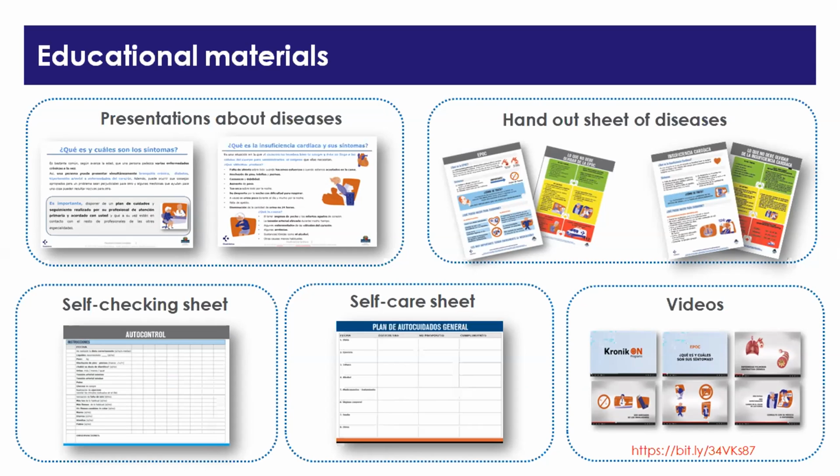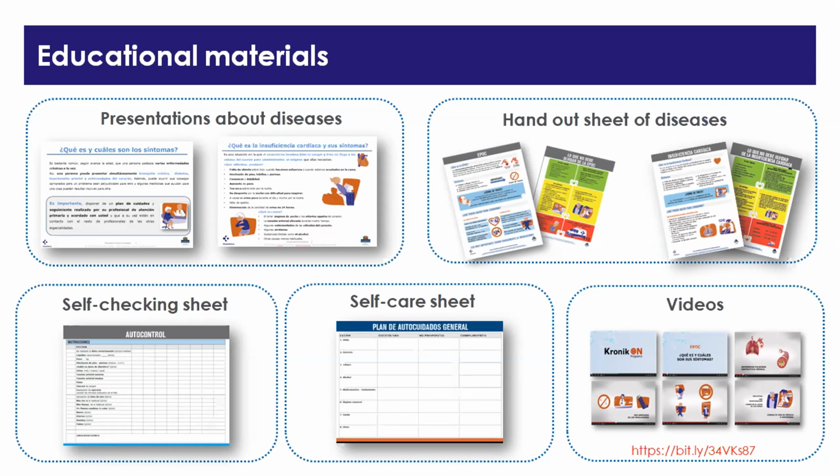I have to say that all these materials are available in 2 languages, in Spanish and Basque. You know that in our country, in the Basque Country, we've got another official language, that is Basque. So all materials are available in both languages.